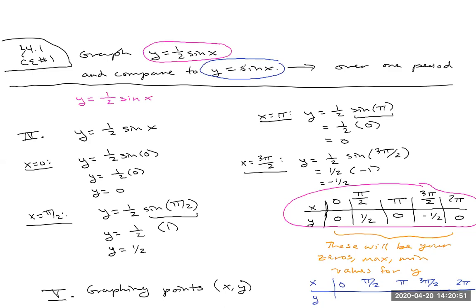The amplitude for our parent graph is 1. You can't see anything there, right? But there's a 1 here. So wherever you have a 1/2, change those 1/2s to 1s. And the zeros stay the same.